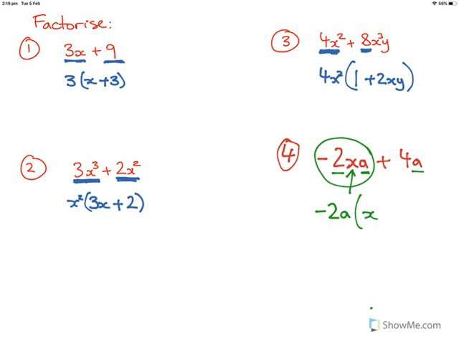Okay, and then because that's a plus, what do I need to do? I need to put another minus there, okay, because minus times minus will give me this plus. And then to get to a 4, I just need to times it by 2, and there is a common factor. Now that is a really powerful technique that you can use.